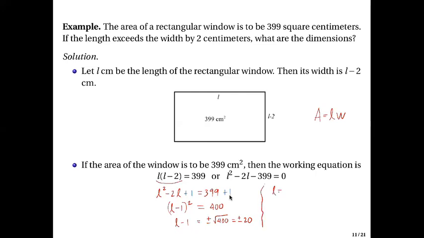Therefore, L equals plus minus 20, and then we put this on the other side, you will have plus 1. So L will be the plus: it's plus 20 plus 1. That's 21. And then the minus, we have minus 20 plus 1. That's minus 19.